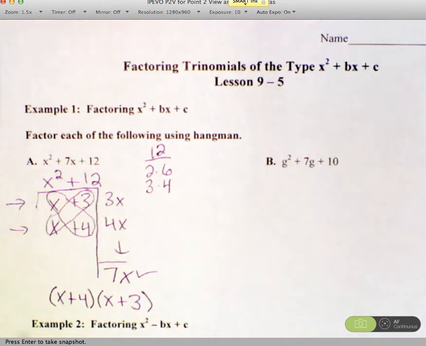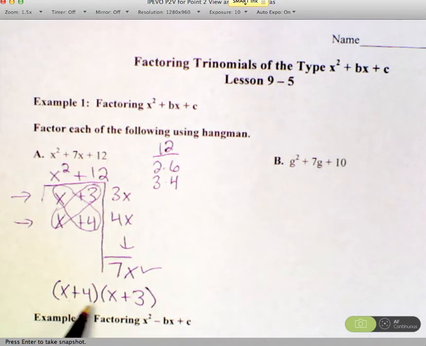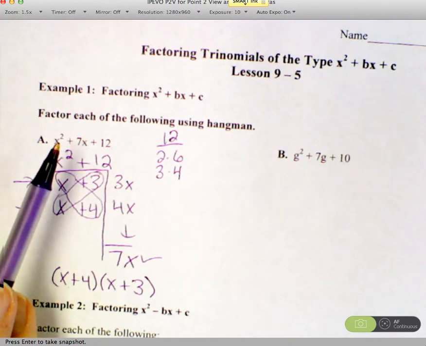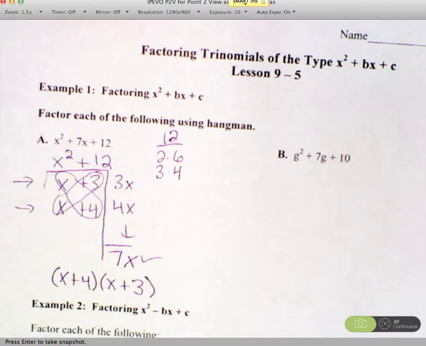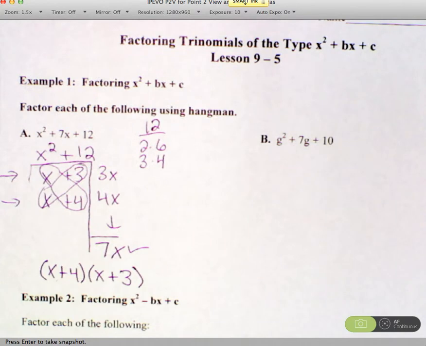If we multiplied these two binomials using the FOIL method, we would end up with this trinomial. So we're undoing our multiplication. Last unit we learned how to multiply two binomials. Now we're going to learn how to undo it, to find the two binomials that multiply to get this trinomial. That's the goal of this whole thing.